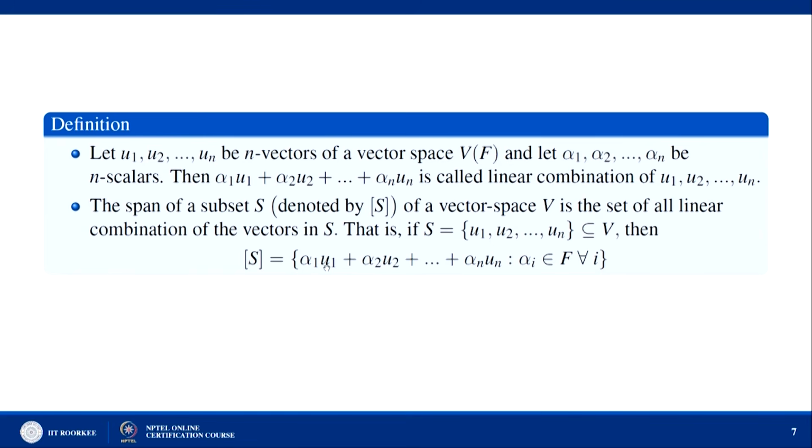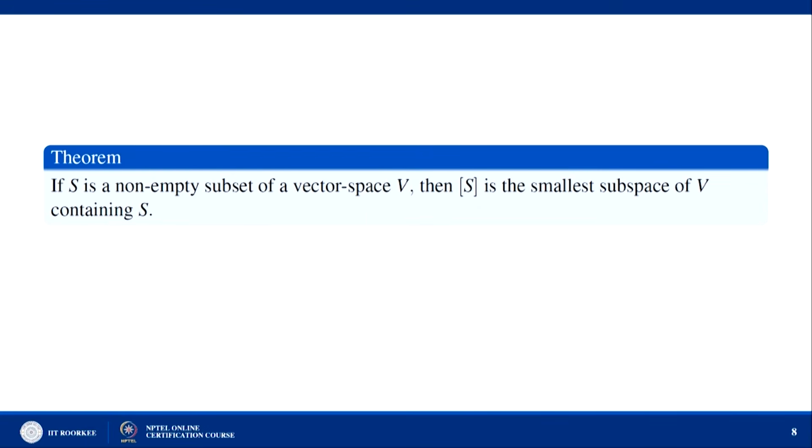You see, the ui's are fixed, you vary alpha 1, alpha 2 up to alpha n, you vary these scalars, you will get so many vectors, and the collection of all those vectors is called the span of S. Now, the span of S is nothing but the smallest subspace of V containing S.